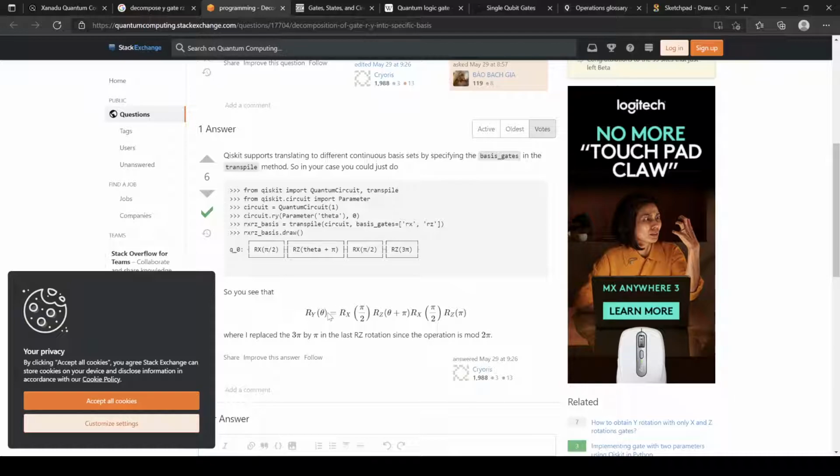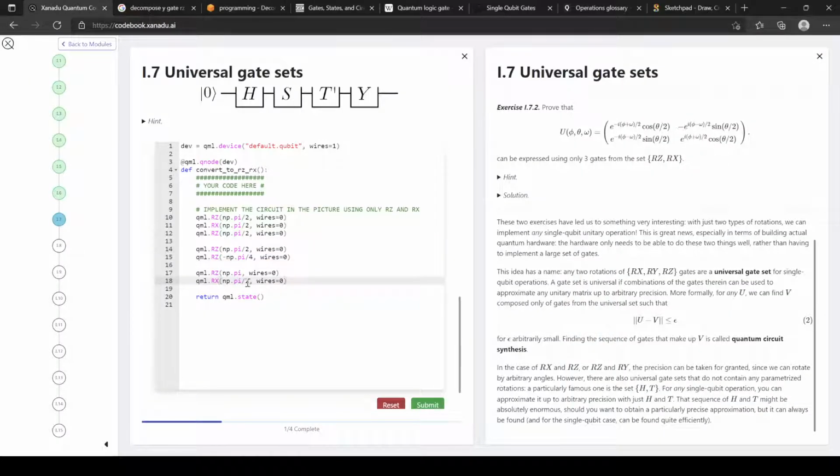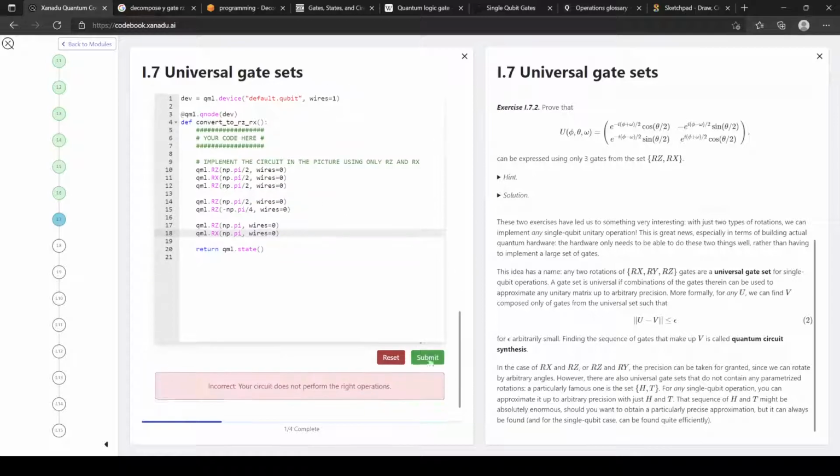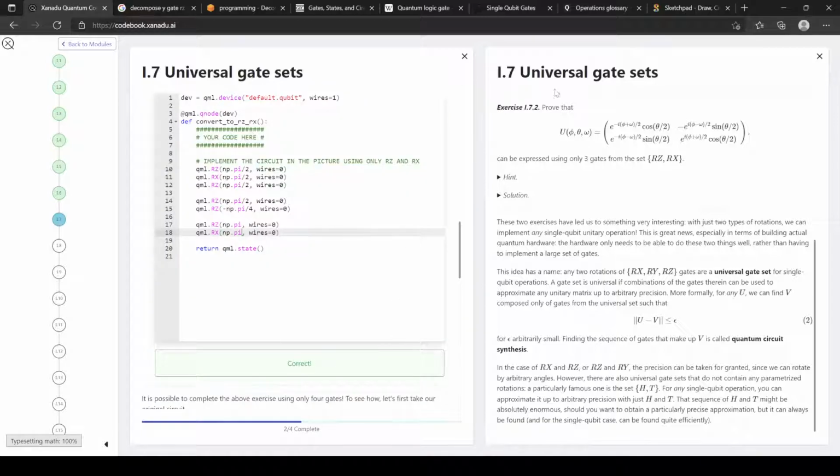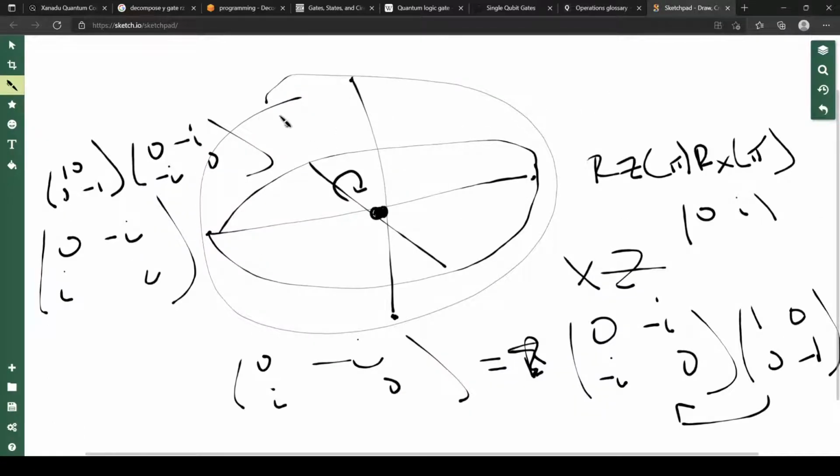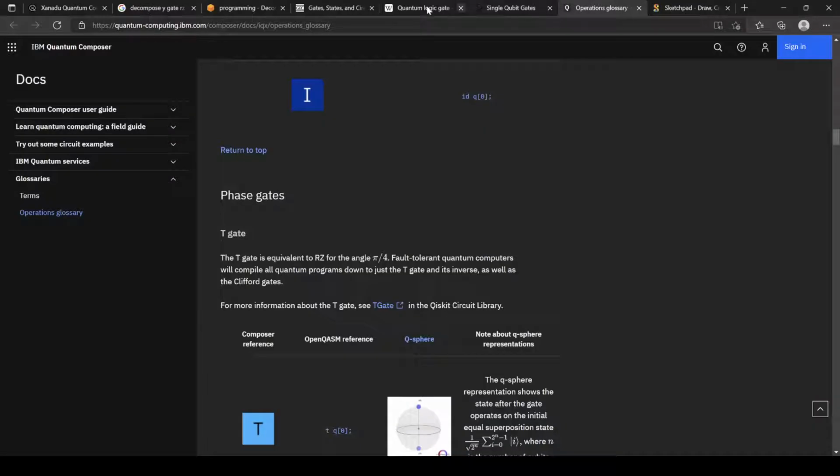Okay, so RY of pi is what we want, right? So we have RZ of 2 pi does nothing. RX, oh, this be, oh, I was right all along. Okay, well, I confused myself. Let me look at this again.